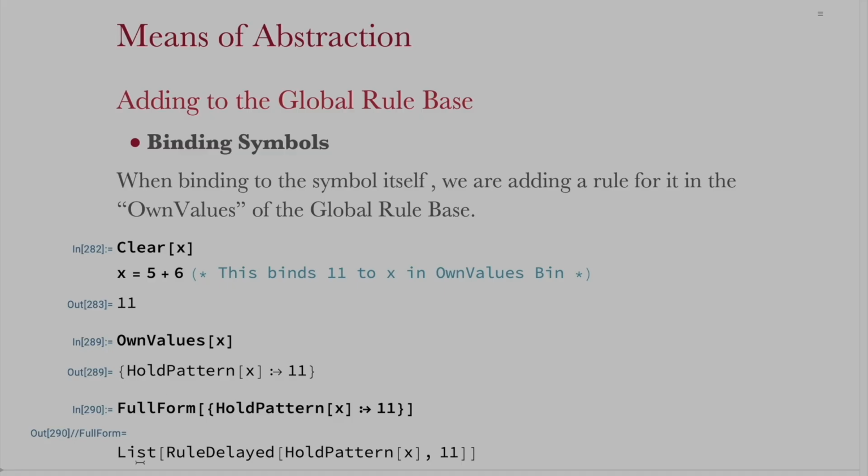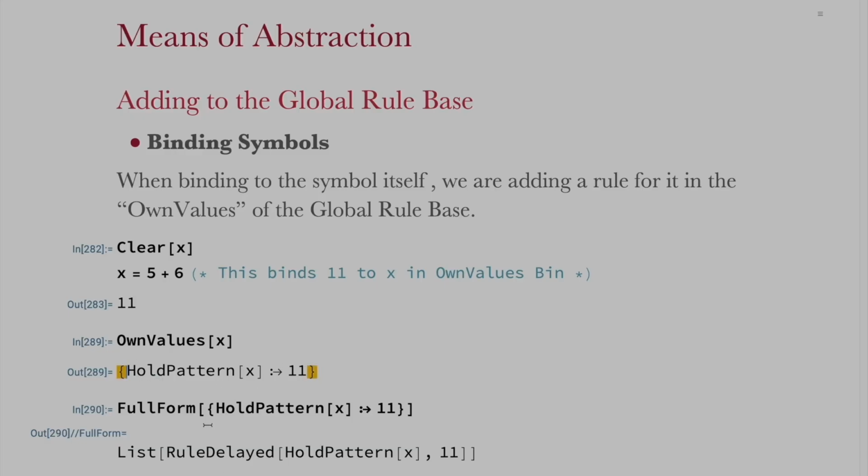So this whole thing in M expression form is List, because those curly brackets are syntactic sugar for lists in Mathematica. Lists are a special way of grouping data because there are special functions that handle lists. So sometimes it's useful to group things as lists so we can use those functions. But at the end it's all just a bunch of M expressions. Those curly brackets are syntactic sugar for lists.